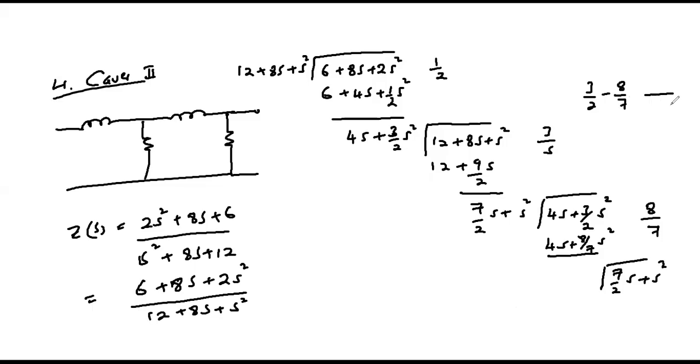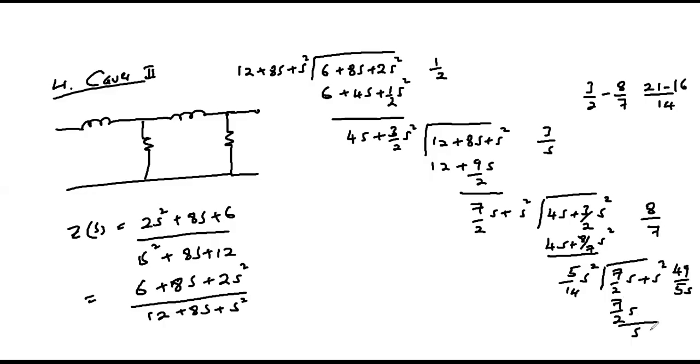The LCM is 14 to get 21 minus 16, which is 5 over 14 s squared. So to get 7 over 2 s from 5 over 14 s squared, I multiply this with 49 over 5s. And this will give us 7 over 2 s.